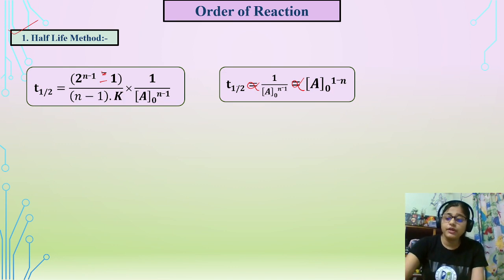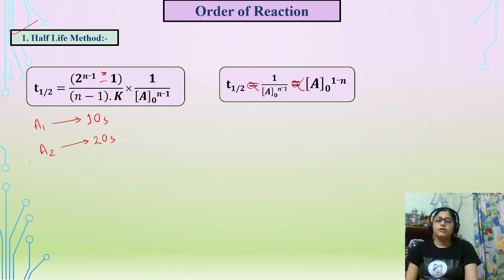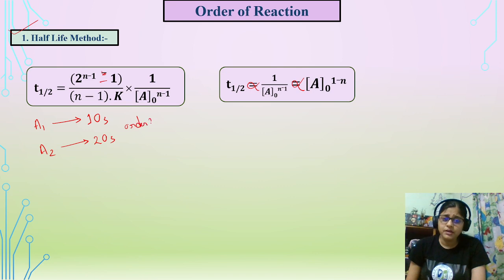If in any question they have told you that when the initial concentration is, let's say, A1, the T half value is, let's say, 10 seconds, and if this is A2, then T half is, let's say, 20 seconds, and the question needs the order of the reaction, then simply forget about this whole formula.